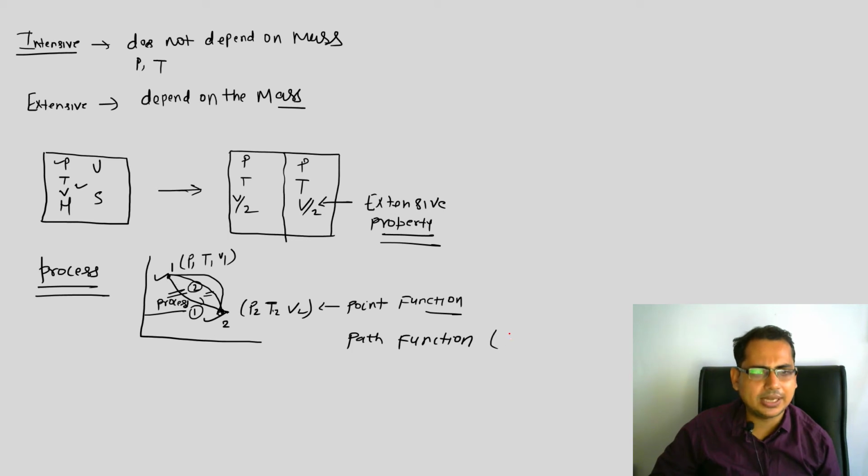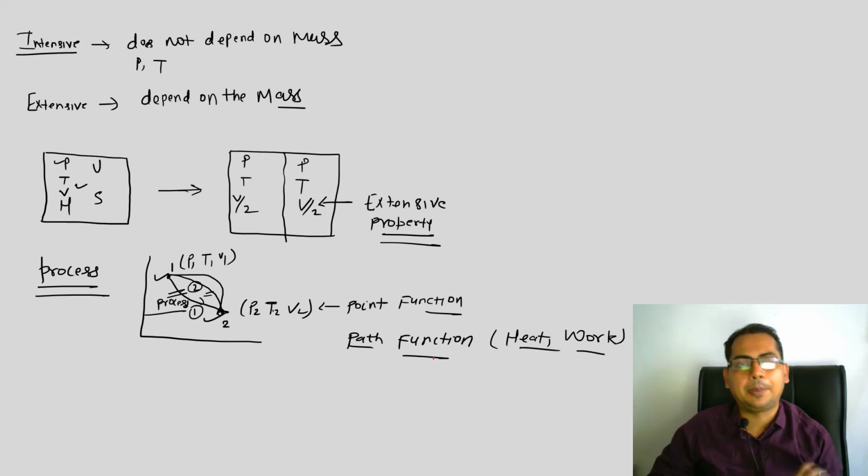We will discuss in detail what heat and work are, but for the sake of example, these are quantities which depend on the path. So this is the process.